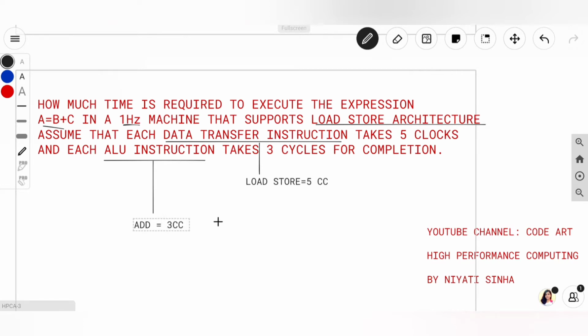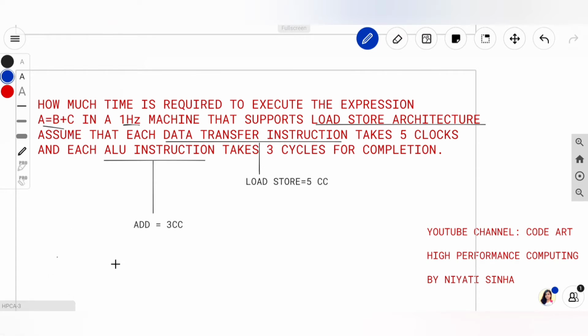Generally, execution instructions or ALU instructions are much faster than data transfer instructions. So now we have to calculate the whole time required by the CPU for the execution of this instruction. First of all, I'll write the load store architecture instructions for this A is equal to B plus C instruction.